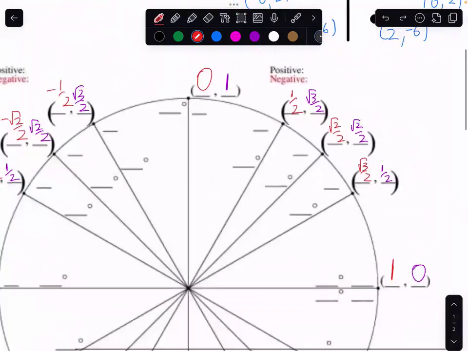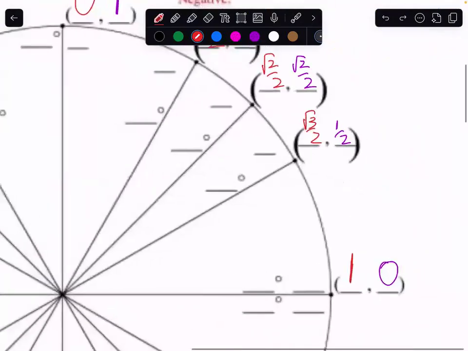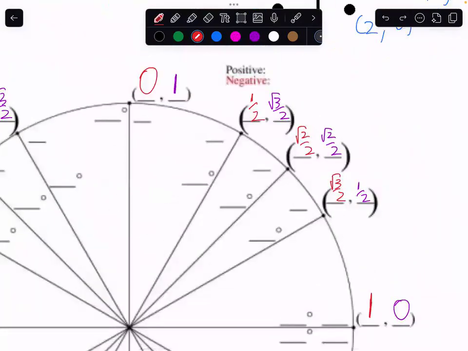Okay, so those are the coordinates. Now we can do the angles. Okay, so you can do this in various ways, but I'll start by doing jumps of 45 degrees. Okay, so we know 0 degrees is to the right.